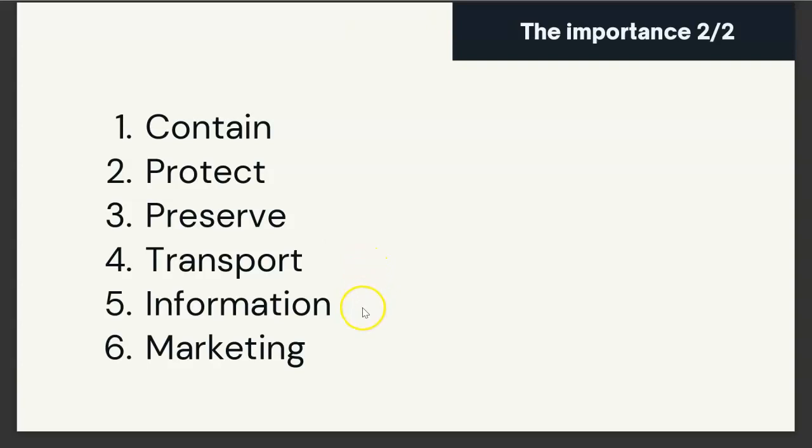Let's go to the fifth point, which is the information. This is what we see the first thing when you took any food products. Packaging provide communicating information to the consumer.